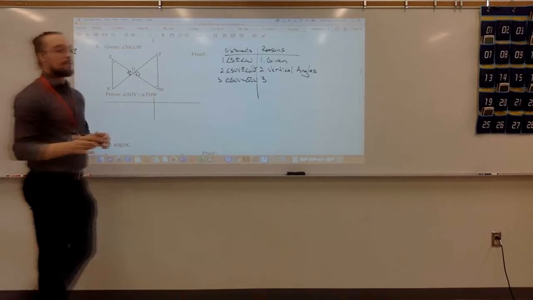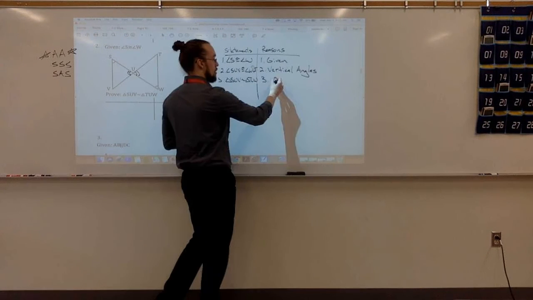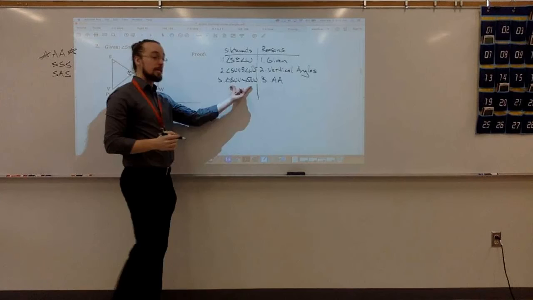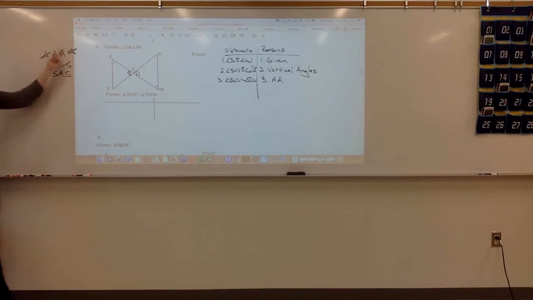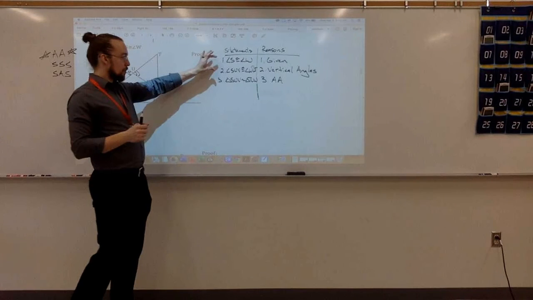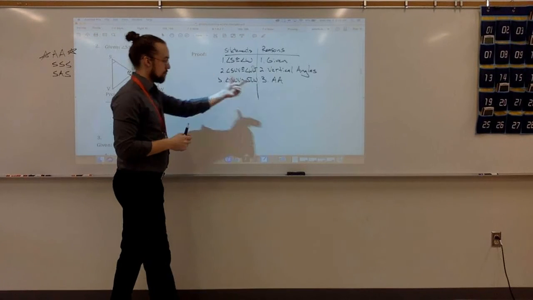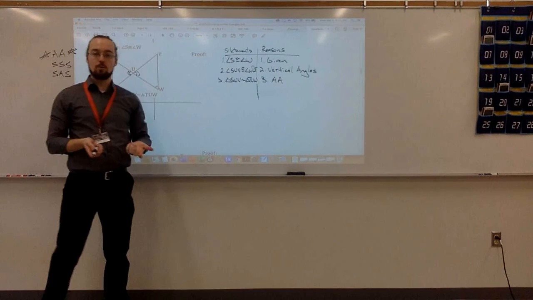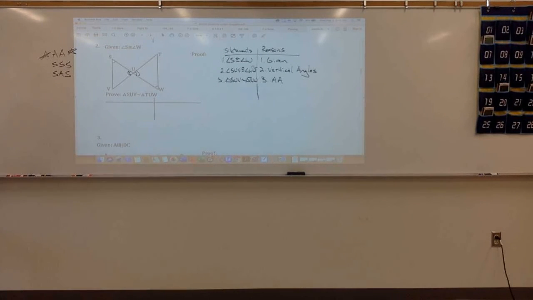Yep. So remember, when we get down to the final step, when we're claiming that the triangles are similar, it's always going to be one of these three: angle, angle, side, side, side, or side, angle, side. So we just have to look back at what we did. We showed that two pairs of angles were congruent, so that means we're using angle, angle. Questions?